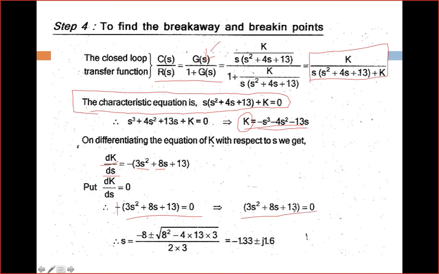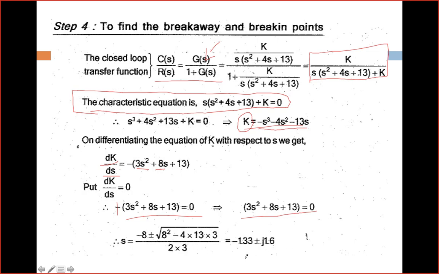Now this is a quadratic equation, and you have to find its roots. So s = (-b plus or minus square root of b square minus 4ac) / 2a. We need a, b, c: the value of a is 3, b is 8 and c is 13. So the roots are -8 plus or minus square root of 8 square minus 4 into 13 into 3, divided by 2 into 3.